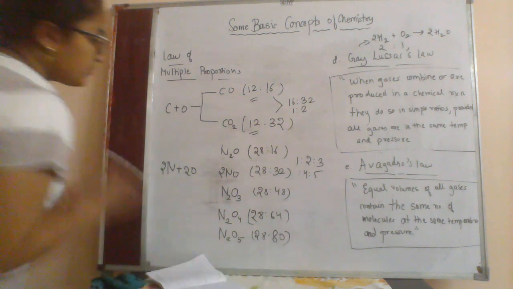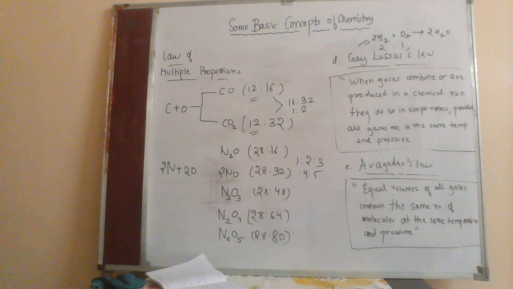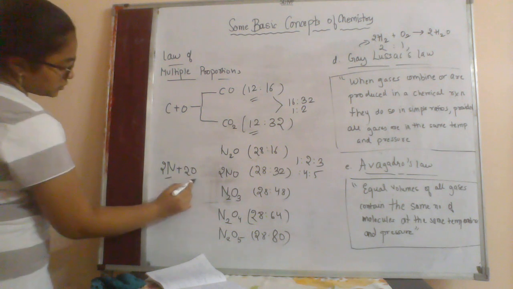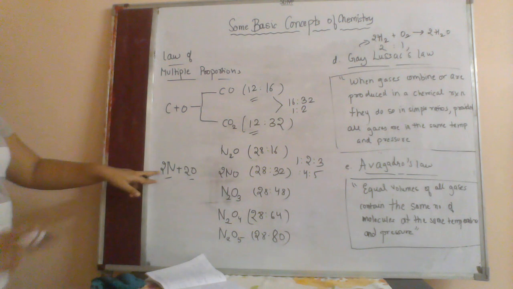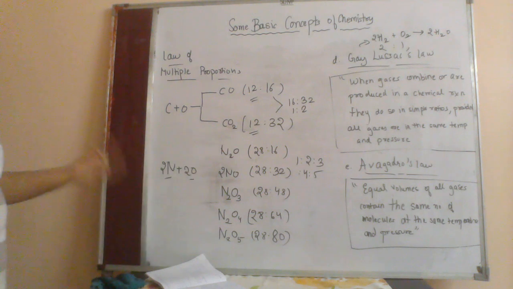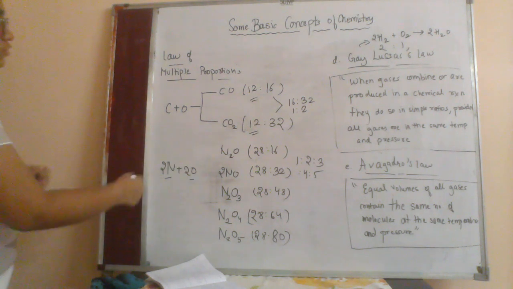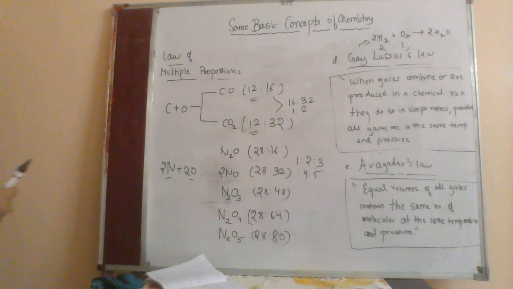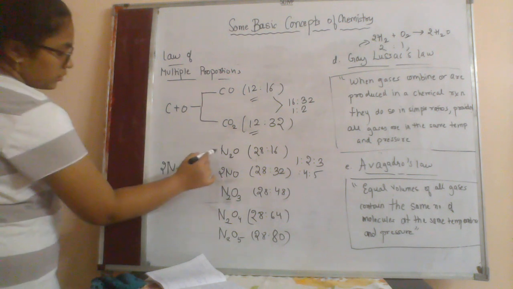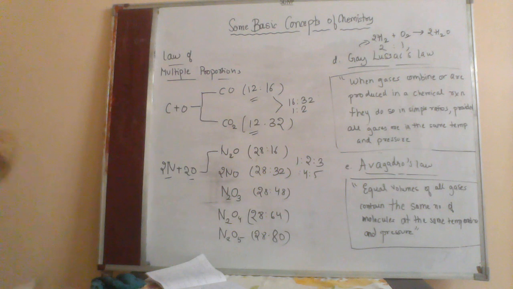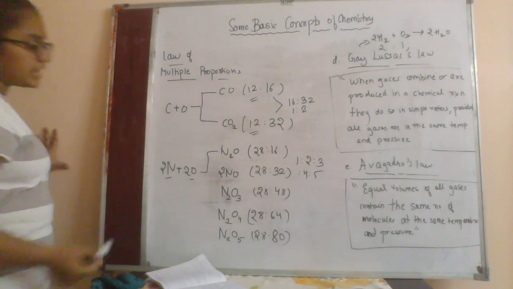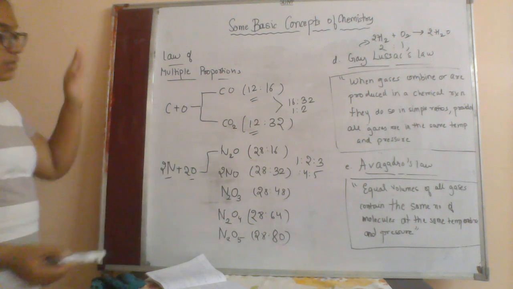Similarly, we have for N plus O. Why did I take 2? Because in all the cases, as you can see, we have 2 nitrogen. So I took 2 nitrogen and 2 oxygen here. So 2 nitrogen plus 2 oxygen, as you can see here, we will get N2O. Here same nitrogen and oxygen are reacting, and the fixed mass of nitrogen, as you can see, is 28 in all the compounds.